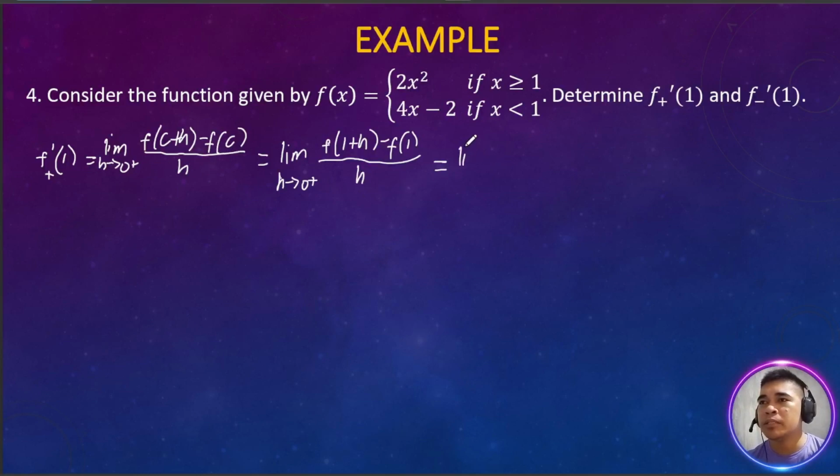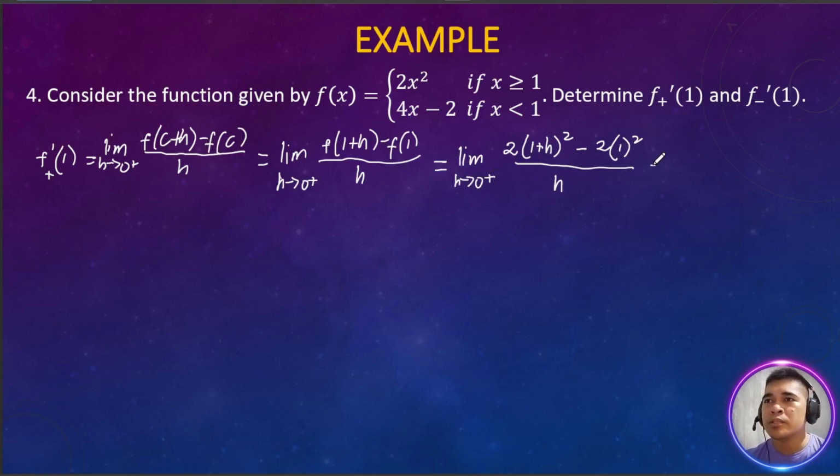So limit of 2 times the square of 1 plus h, minus f of 1, which is 2 times the square of 1, over h as h approaches 0 from the right.